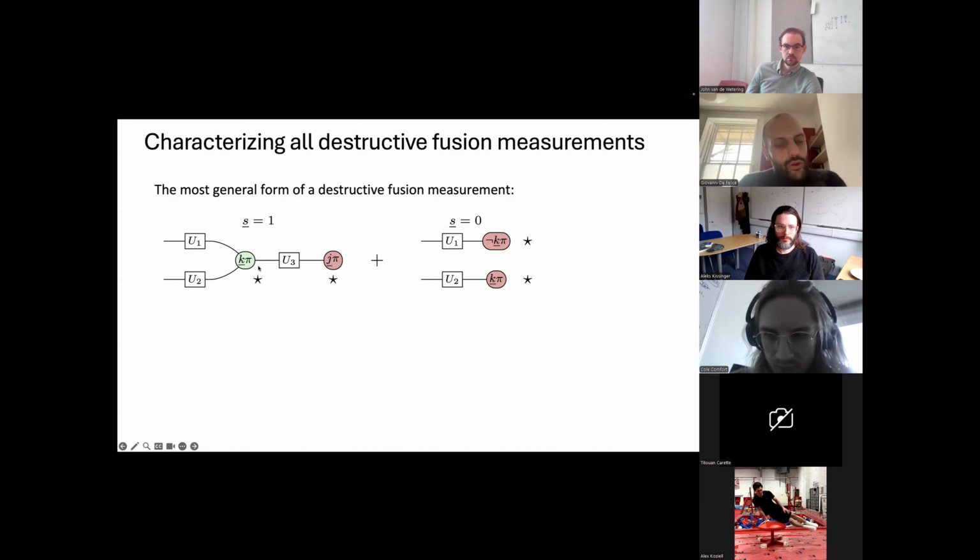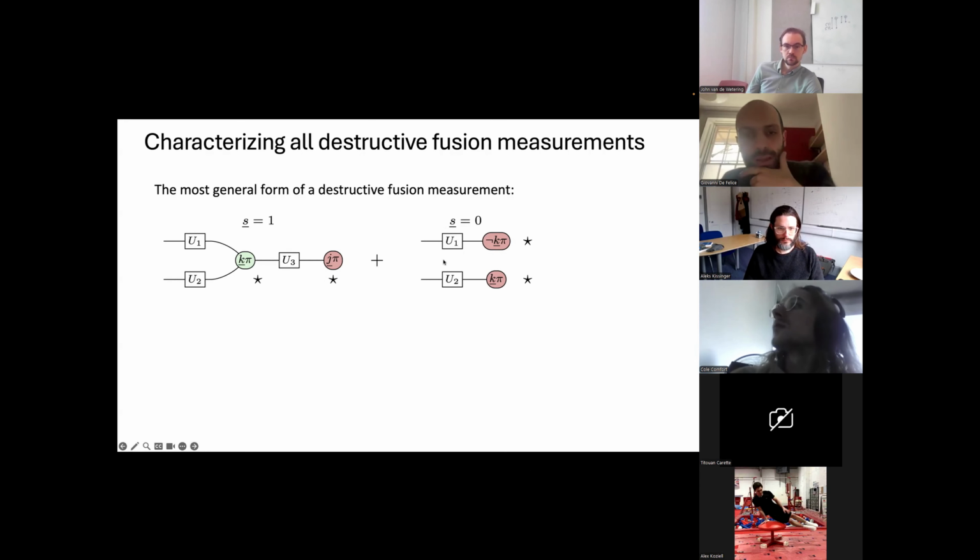In case of success, it's going to be entangling, and the action will depend on the choice of these 3 unitaries. And in case of failure, it will be separable. And again, the same unitaries appear in the failure case.